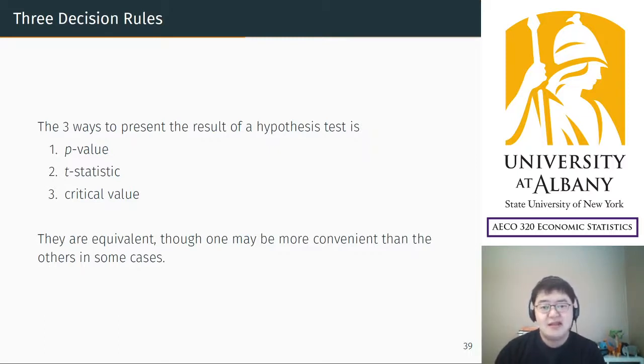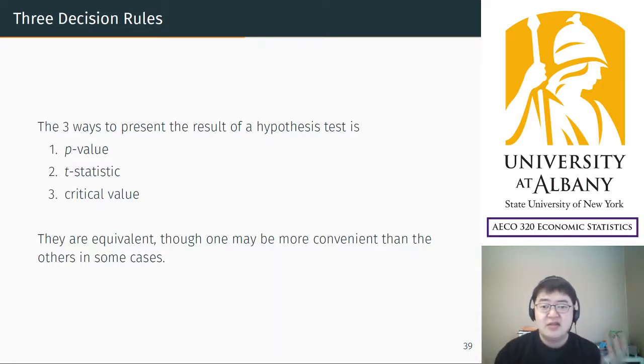Second, t-statistic. And third, the critical values. For example, a program may report a p-value as a result of the hypothesis test, or another program may present the t-statistic, or another program may present the critical value.